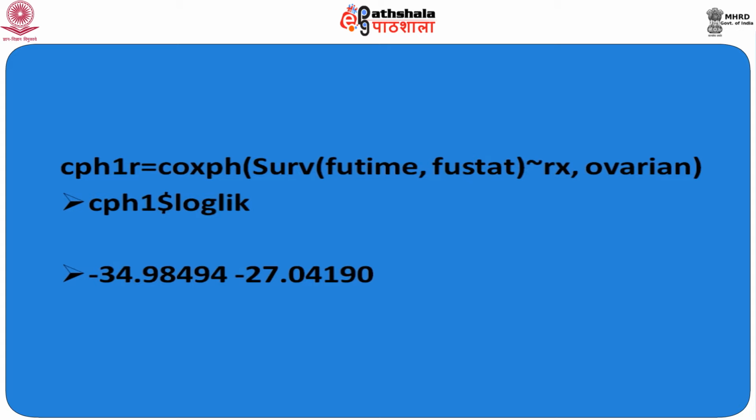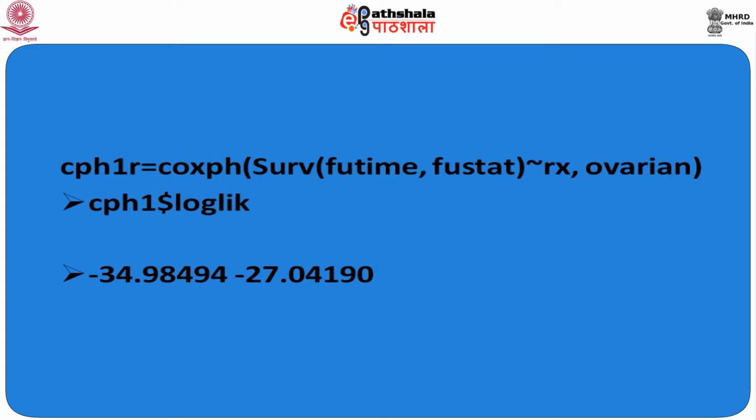Here we replace survfit with coxph. If you put survfit, it gives by default the Kaplan-Meier estimate, but if we put coxph, it gives the Cox proportional hazards modeling with the same data set. This whole function is assigned to an object called CPH1R.